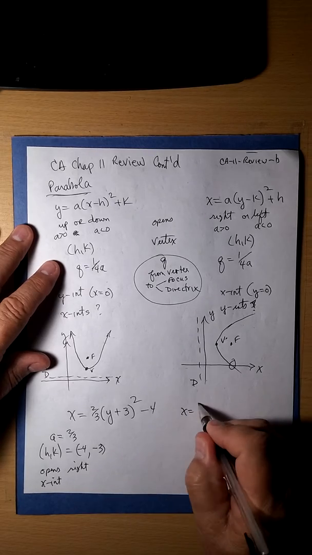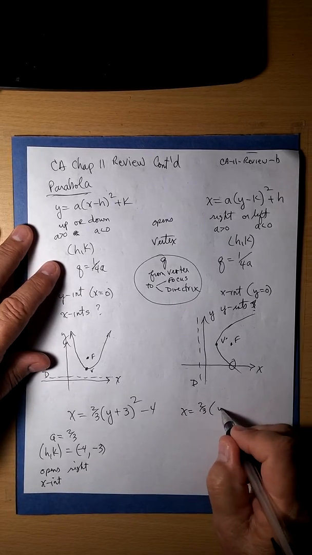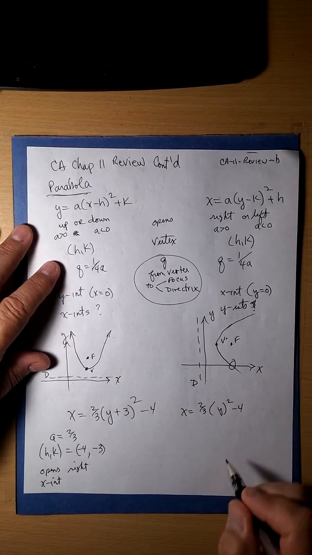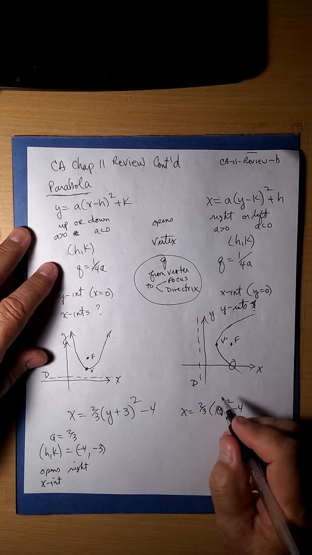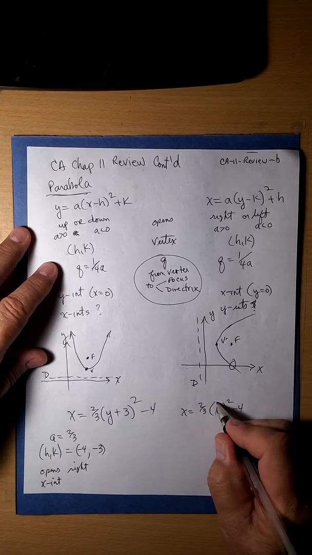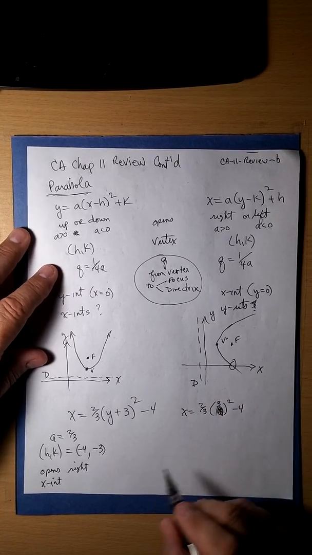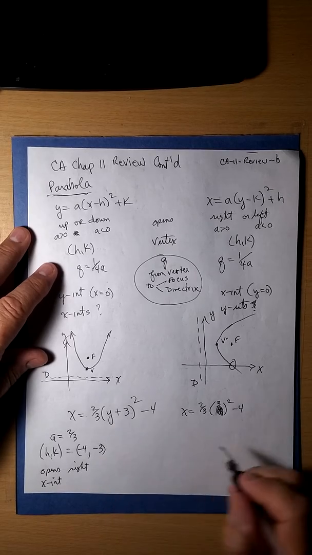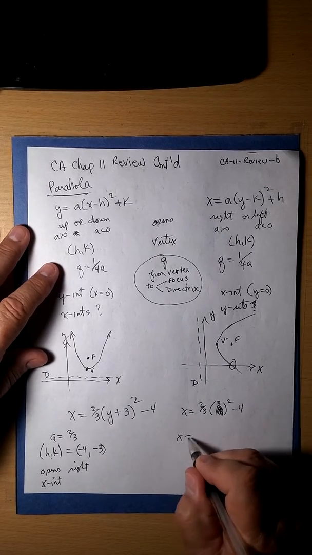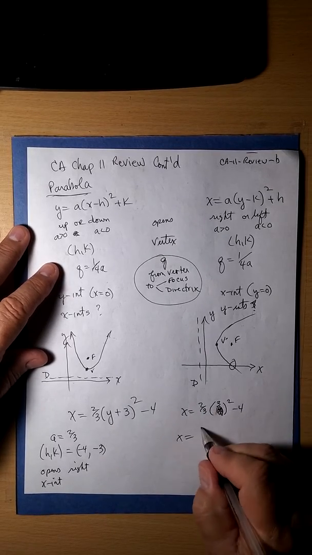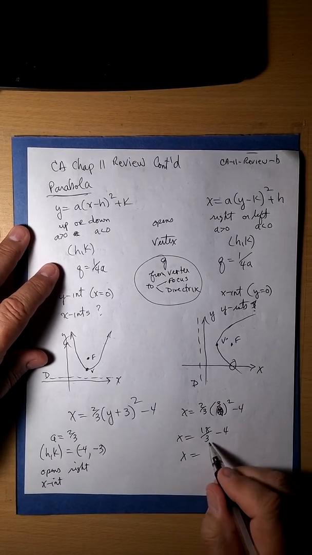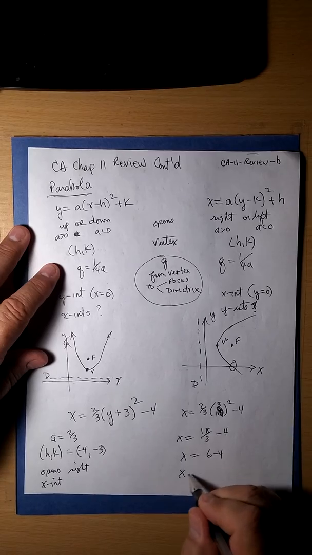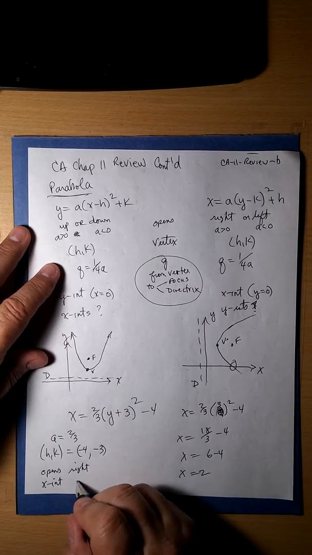So x equals 2/3 (0 plus 3) squared minus 4. I'm sorry, I need the 3 squared then minus 4. y is 0, so it's just 3. So this is 9, so it's 18/3 minus 4, and this is really 6 minus 4, or 2. So the x-intercept is 2.